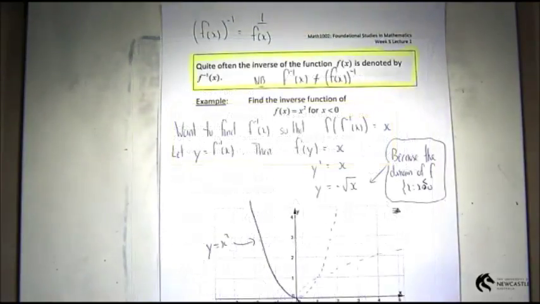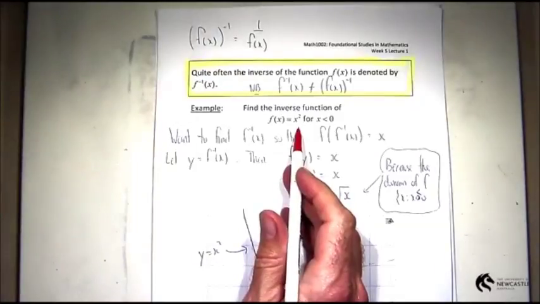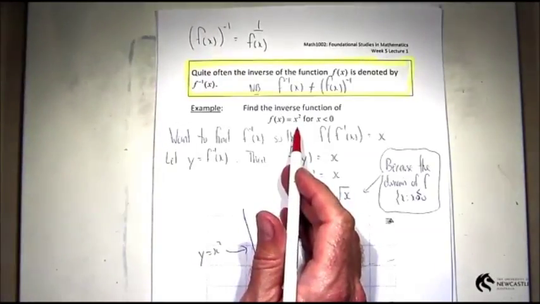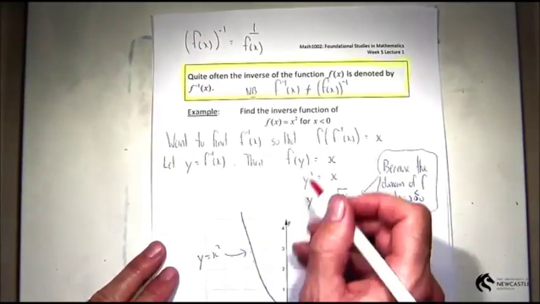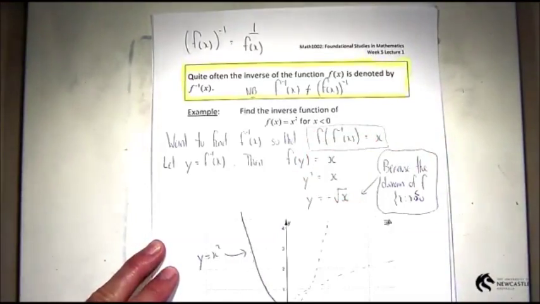So I said here algebraically to find the inverse function. You can do these via common sense, I guess. But if you want to be systematic, then using this formula here is probably a good way of doing it.